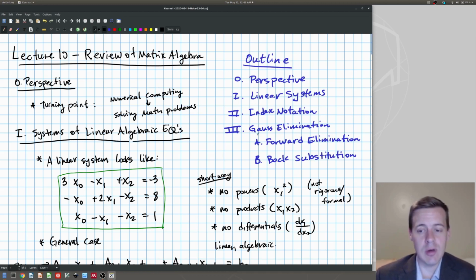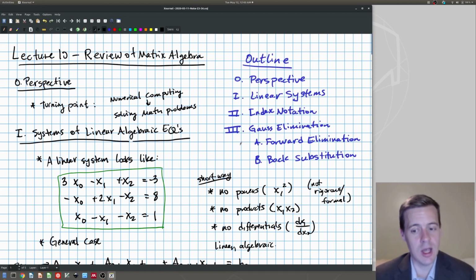And then finally we talked about how to solve these systems using Gauss elimination, which is a systematic process whereby we do a forward elimination step using these ratios and going over the columns and rows in a certain way. Once we've done that, we have an upper triangular matrix with zeros below the diagonal. Then we substitute in starting at the bottom and work our way back up to the top and do back substitution. So that's a review of matrix algebra. Best of luck on your homework, and we'll talk to you next time.